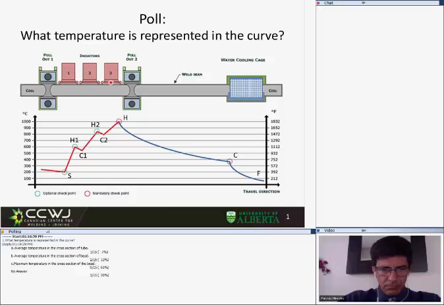So this graph we measure here, and I'm moving my laser pointer over it, represents the maximum temperature in the seam.